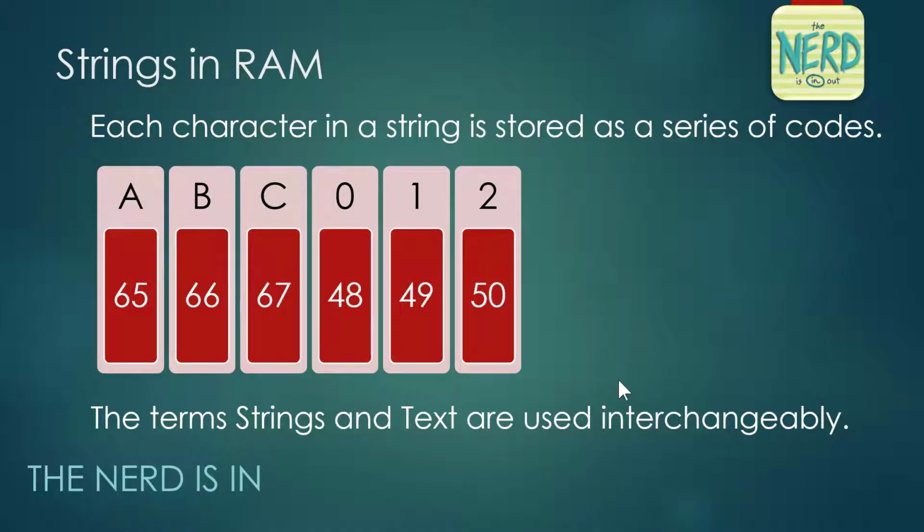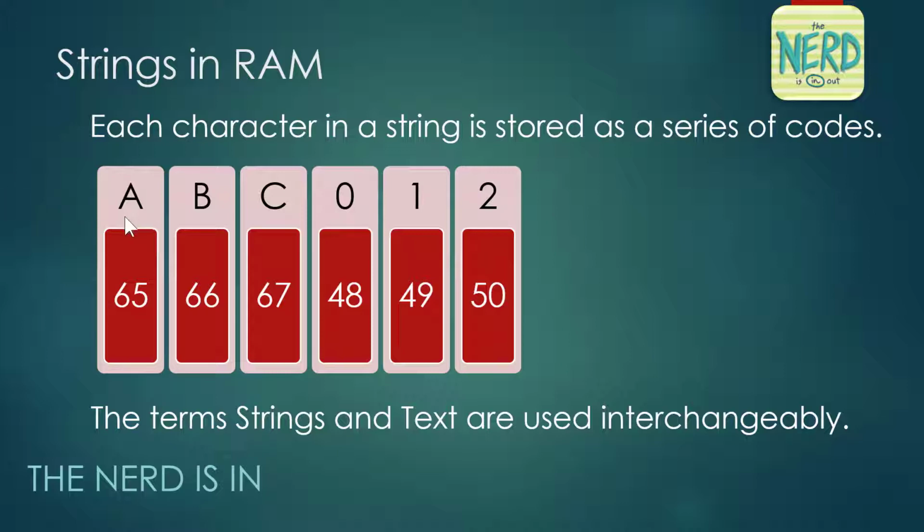So let's talk about how a string is stored in random access memory. Each character is stored as a number code. Now, I'm simplifying. Strings now, each character is now stored as a Unicode, which is probably 16 bits, not 8 bits.